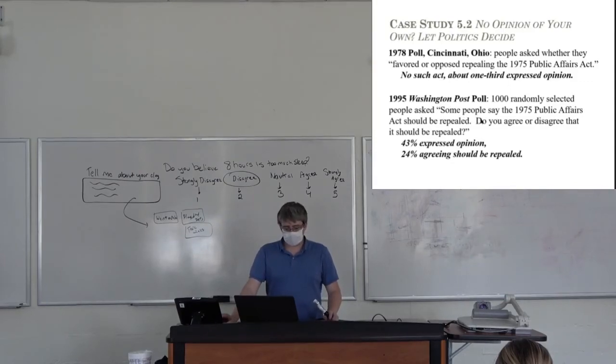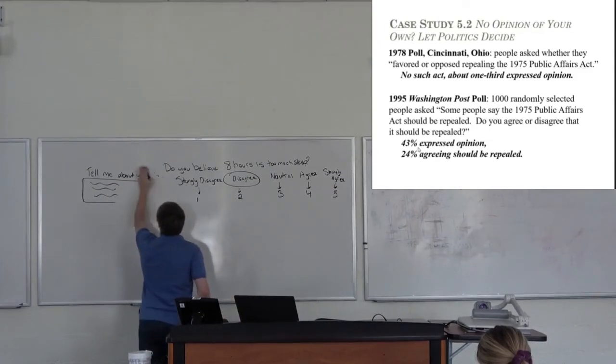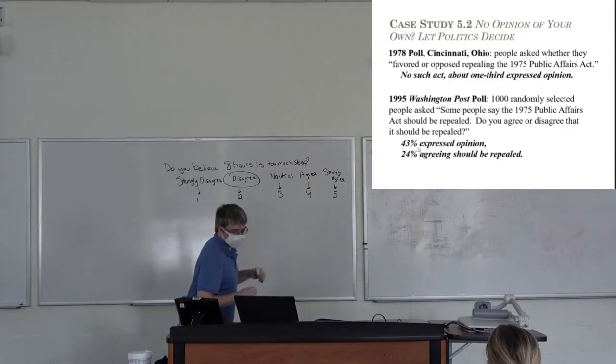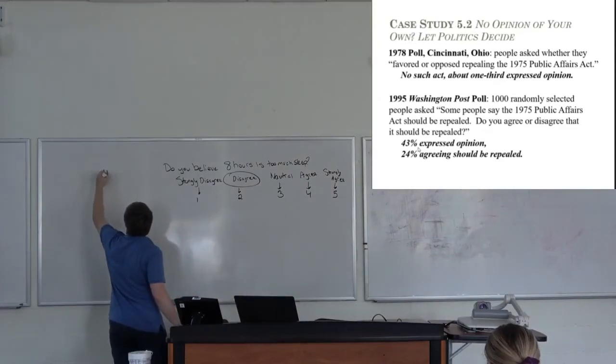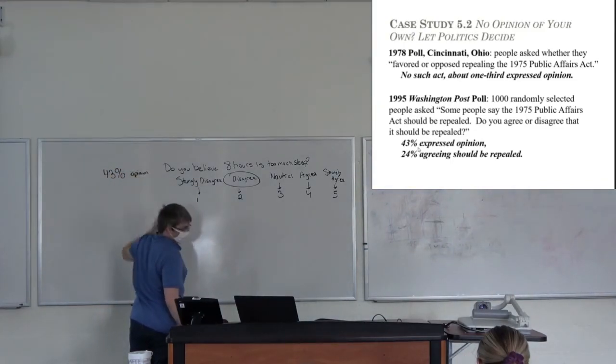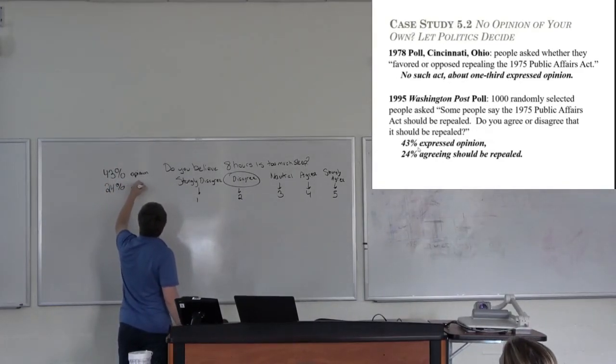I'm going to write this on the board. I know we're almost running out of time, but hold with me for a second. Of 1,000 people, 43 have an opinion, and then 24% think it should be repealed or put in action.